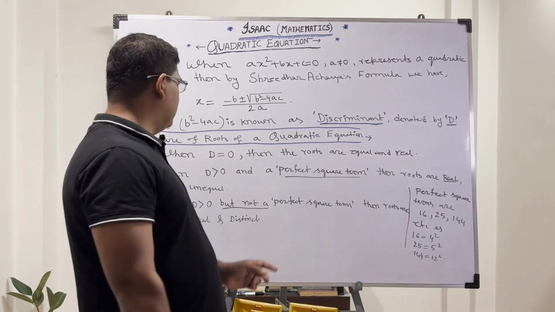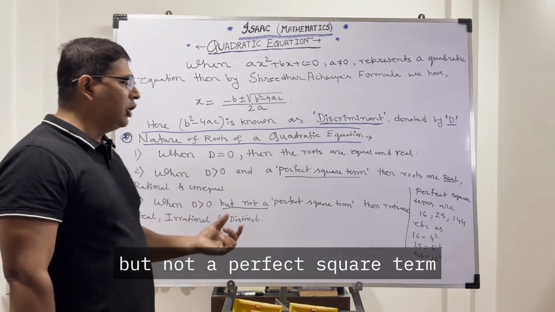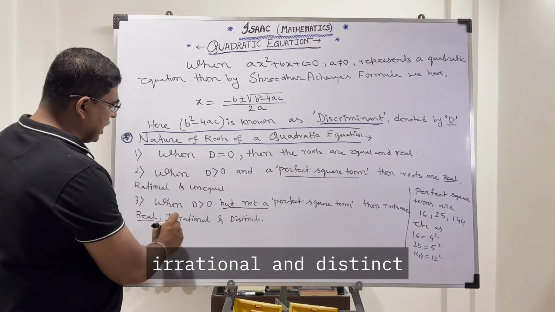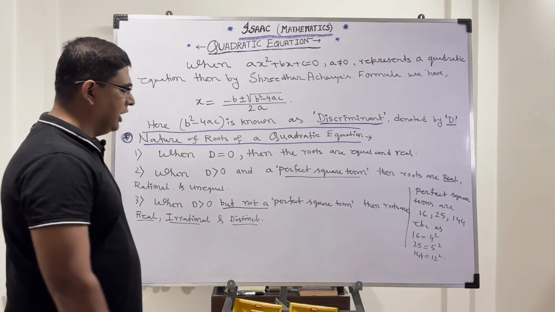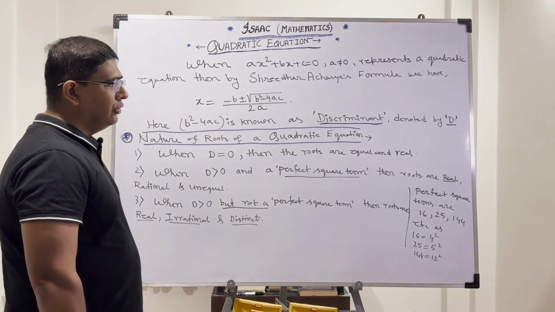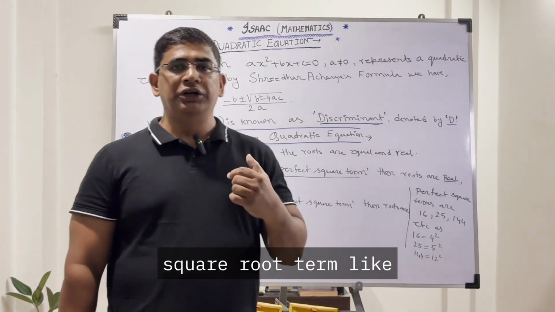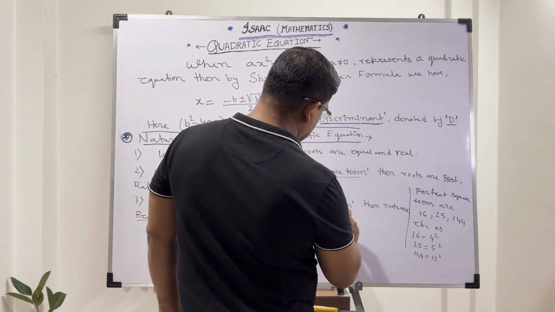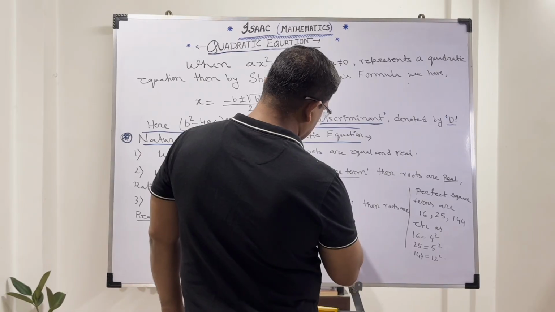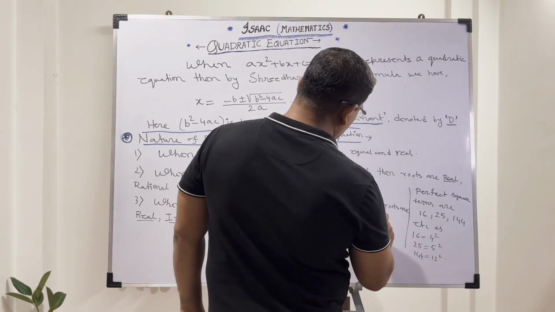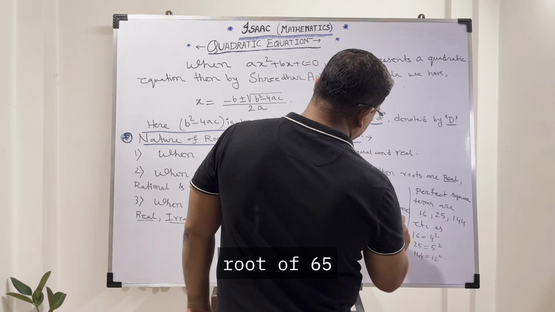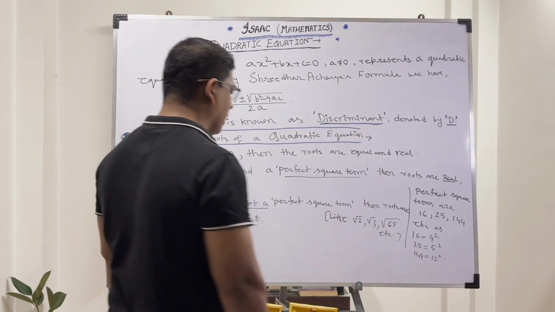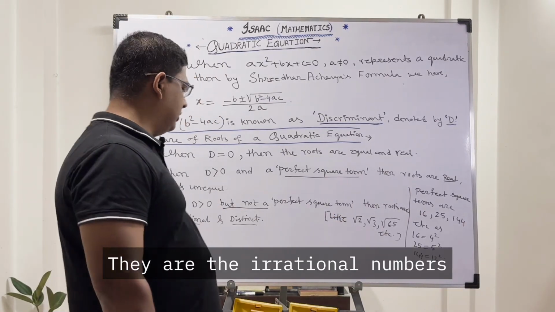Irrational means there will be some square root term like root 2, root 3, root of 65, etc. They are the irrational numbers.